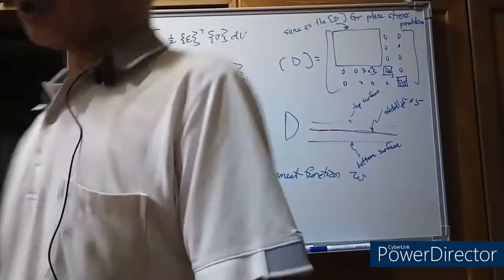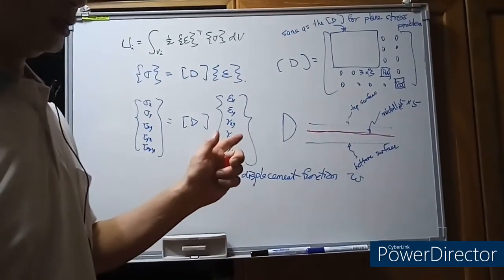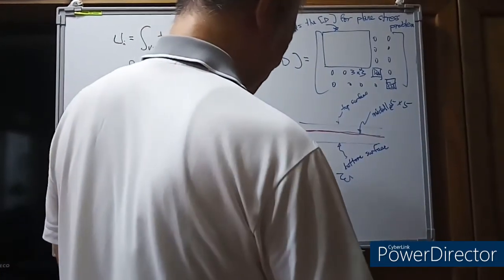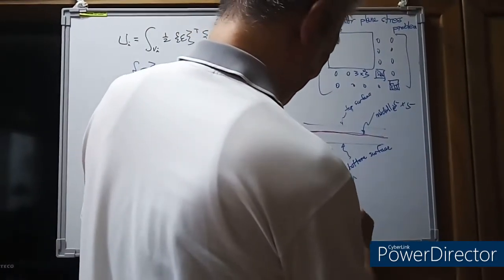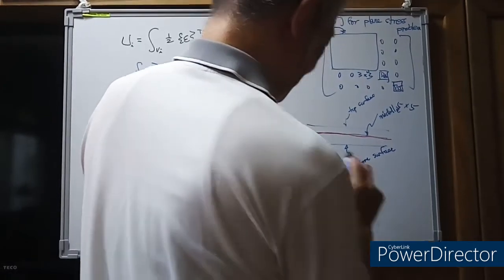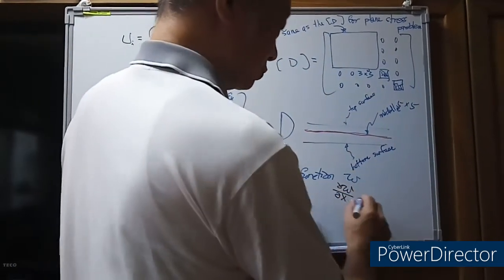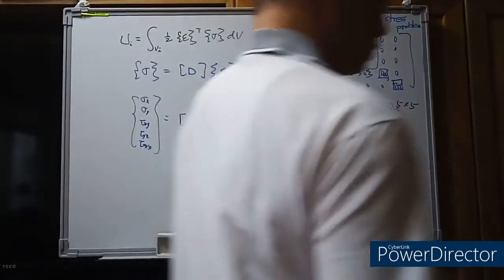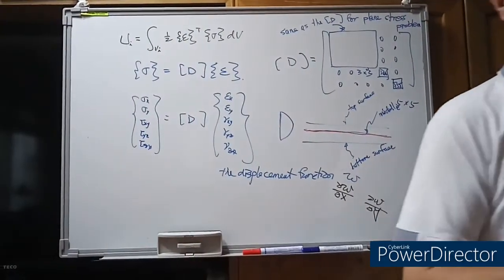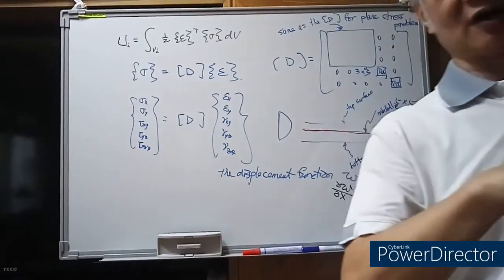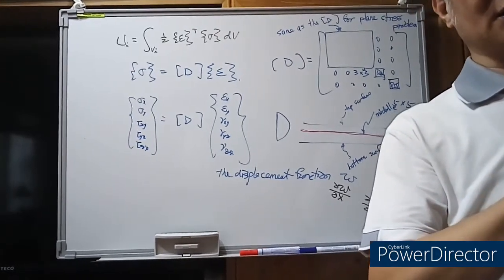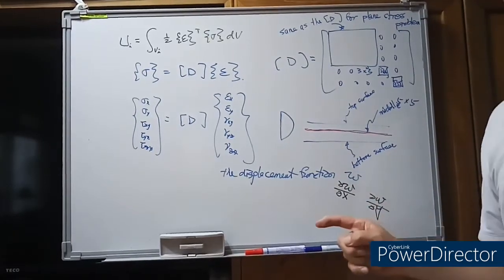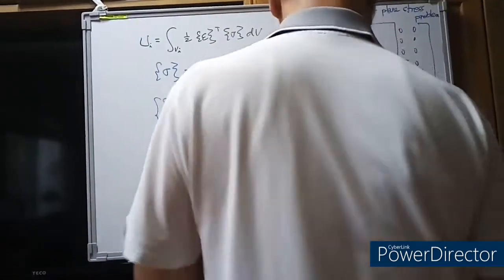So if we describe the W only for the points on the middle, then when we calculate the partial W to partial X or partial W to partial Y, if the W function is defined only for the points on the neutral plane, then when we calculate these two partial derivatives, they are the rotations.